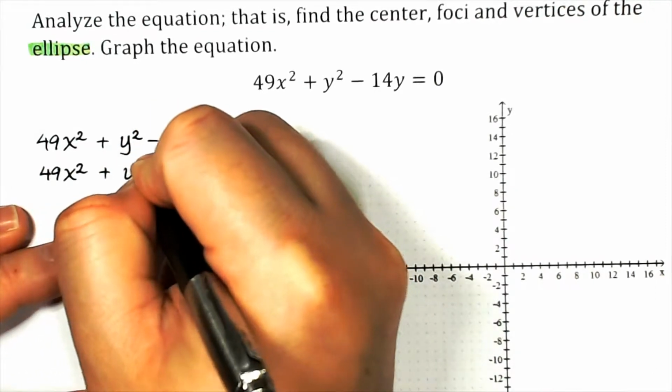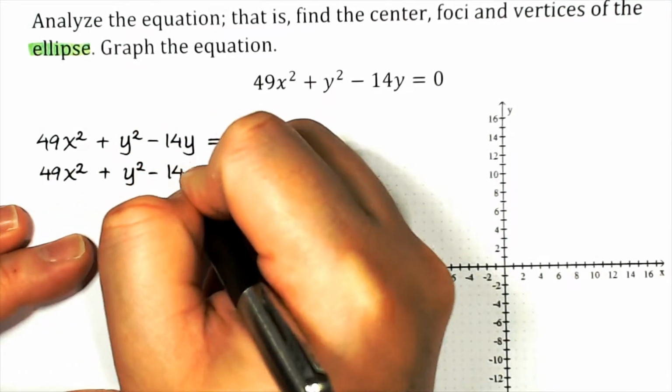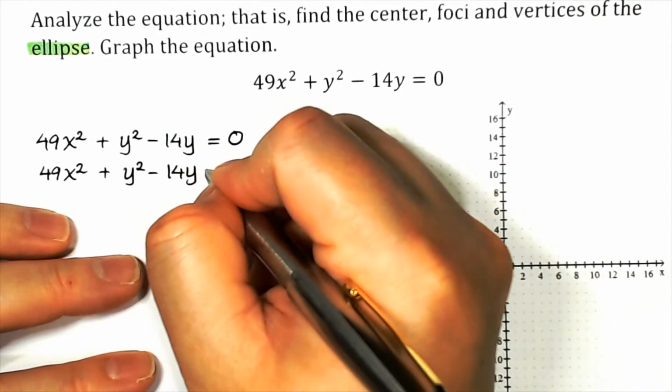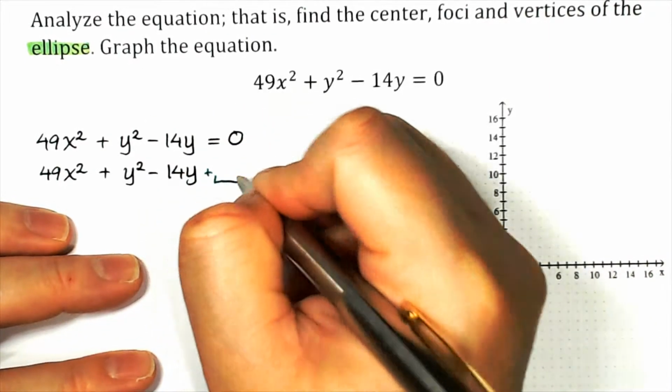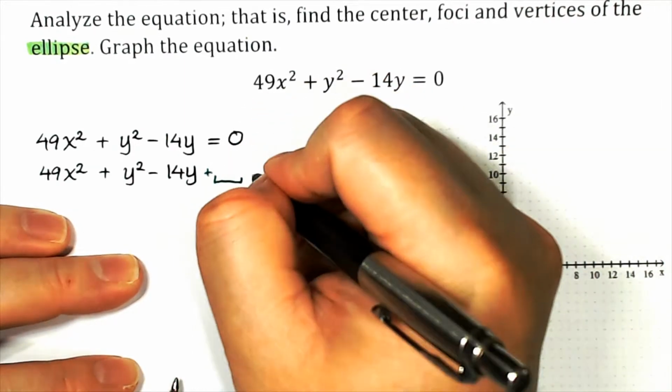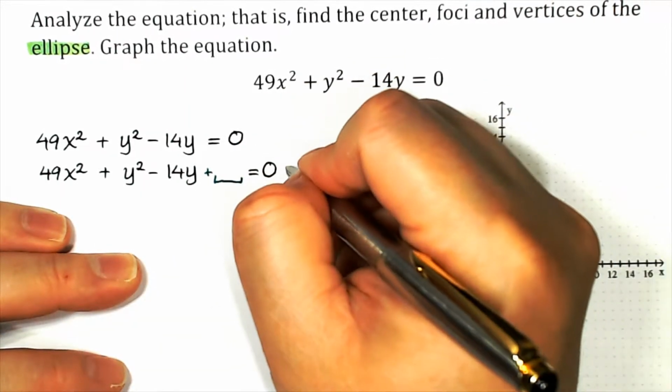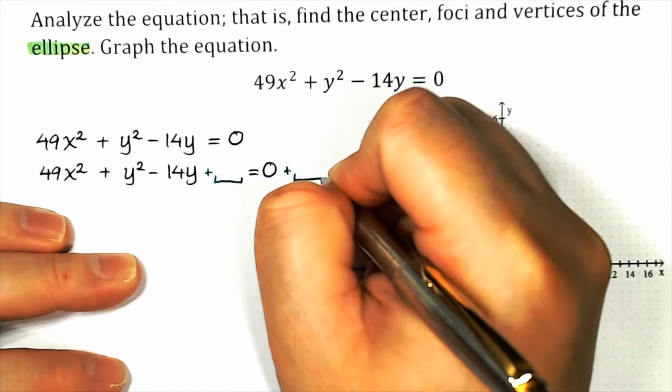For y squared, we need to have a third term to complete the square. I'm going to add something to it, and we'll add something on the other side.